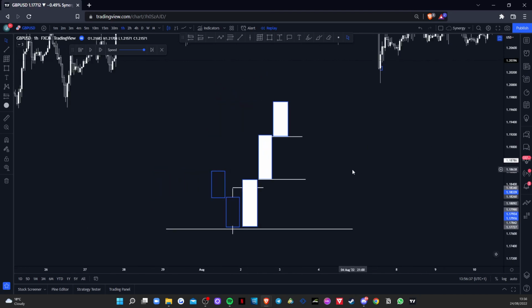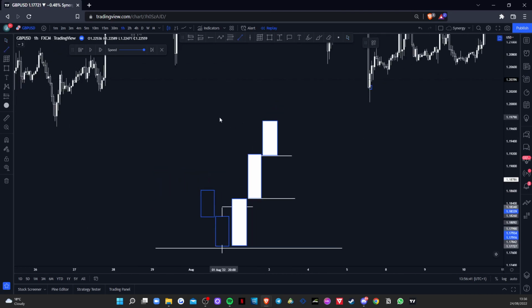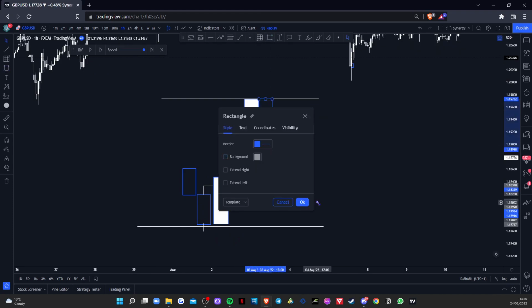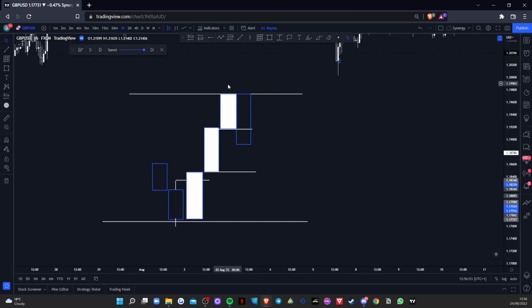Now, as far as the opposite side goes, as far as resistance goes and bearish order blocks, I'll just do this here. We'll use this as resistance, and then we'll draw these without the background. This would be an example of a bearish order block being validated. So essentially it's just the opposite of this, but we have an up close candle which gets broken.